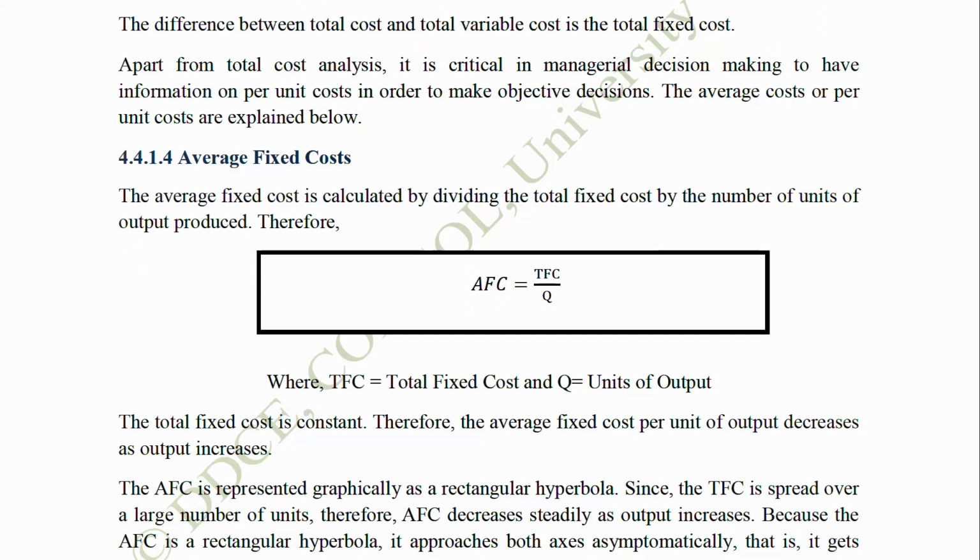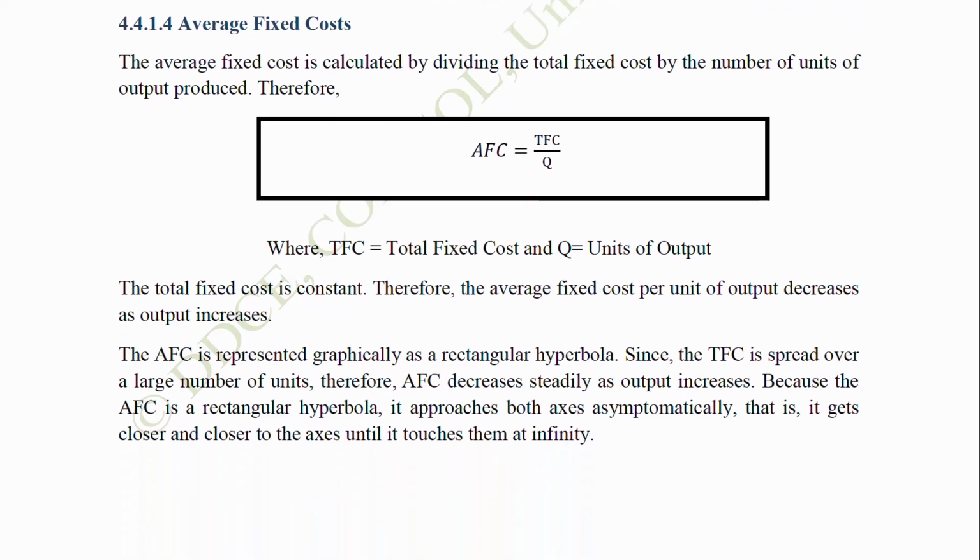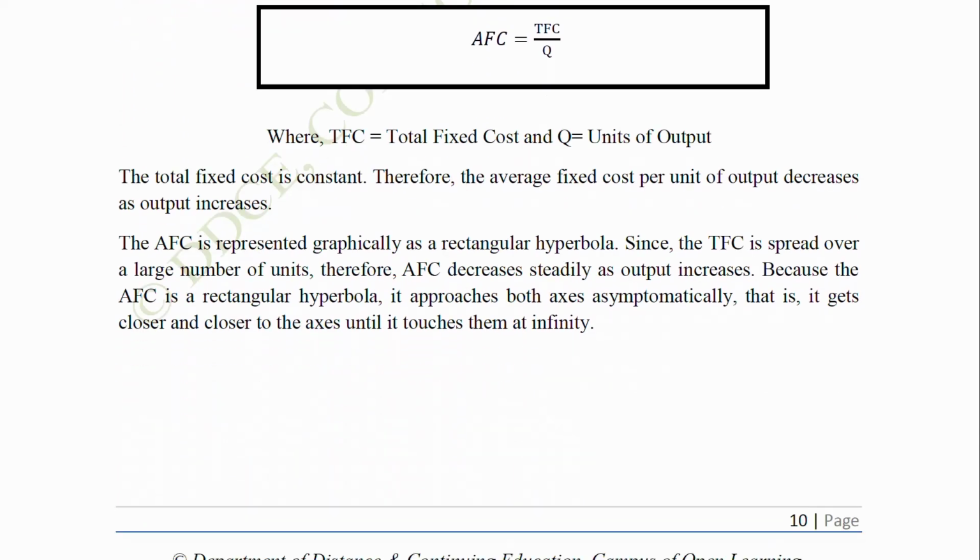The average fixed cost is represented graphically as a rectangular hyperbola. Since the total fixed cost is spread over a large number of units, average fixed cost decreases steadily as output increases. Because the average fixed cost is a rectangular hyperbola, it approaches both axes asymptotically.